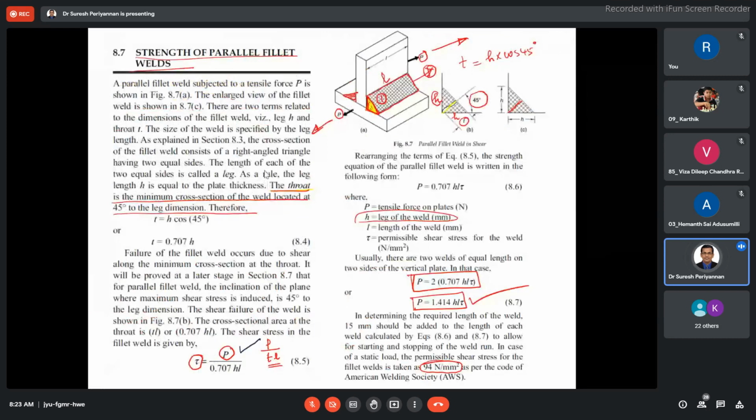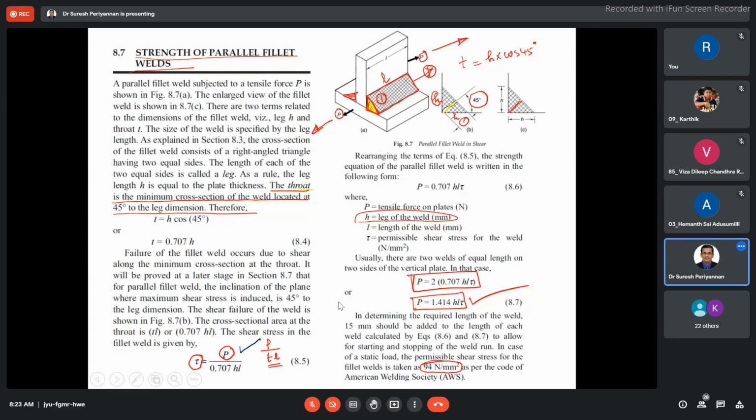The strength of the parallel fillet weld. The shear stress in the parallel fillet weld, tau is equal to P by 0.707 HL. H is the leg of the weld, L is the length of the weld, and P is the tensile force on the plates.